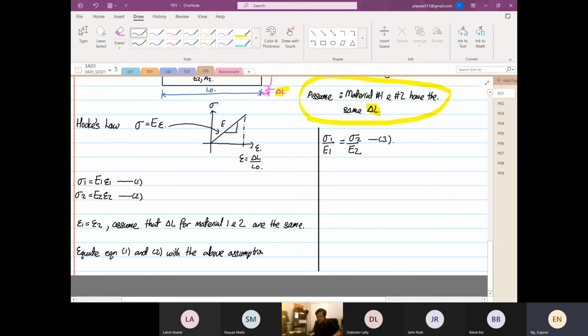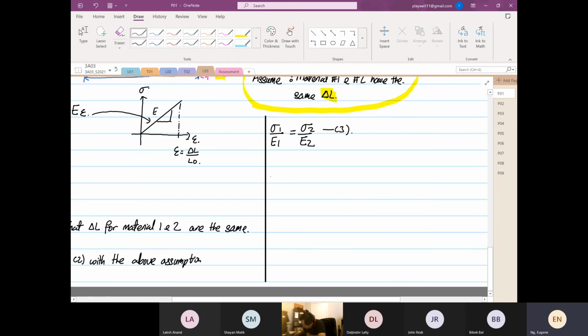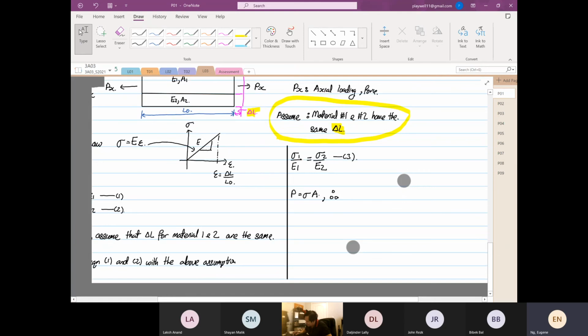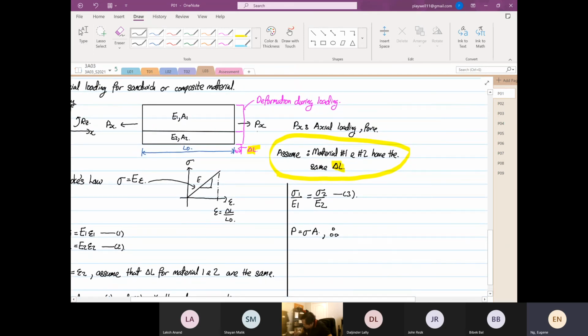So what we know is that the load, basically force, is equal to stress multiplied by area. Therefore, if we look at this diagram, at Px over here, Px is acting over two areas.